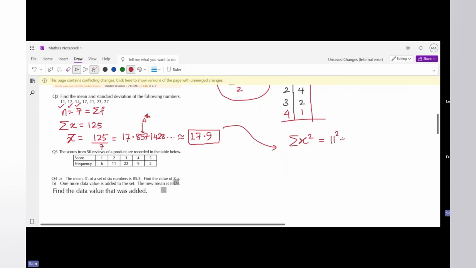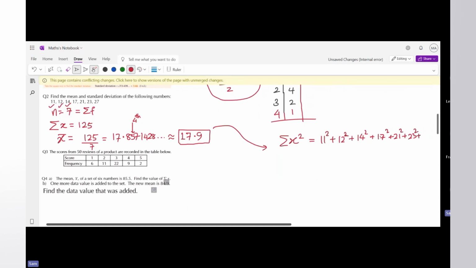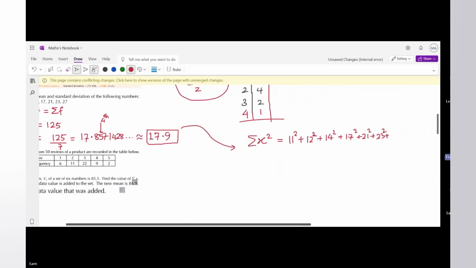So it is 11 squared plus 12 squared plus 14 squared, 17 squared plus 21 squared plus 23 squared plus 27 squared. So this number cannot be in decimals. Yeah, I understand what you're telling me.